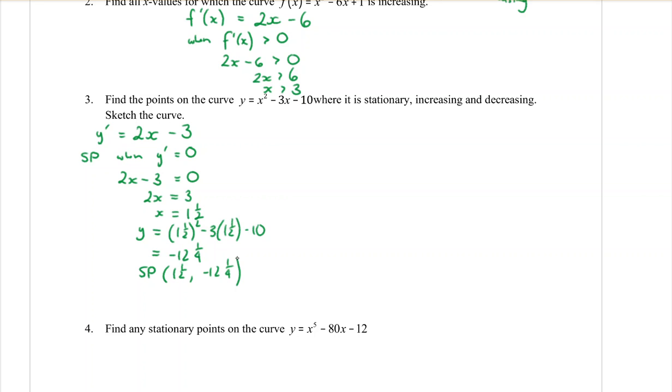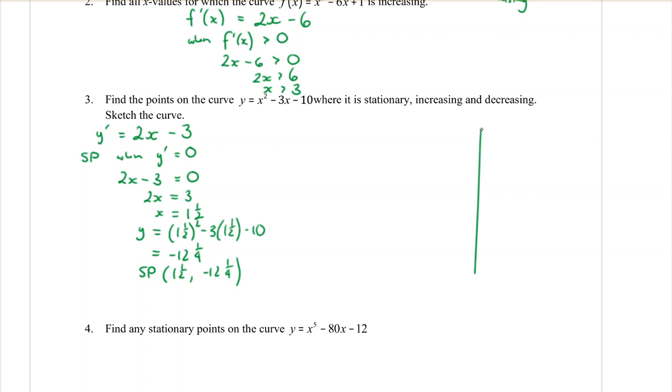Remember, we also want to find where the curve is increasing and decreasing. This curve, looking up here at the original equation, is a parabola. It is a positive x squared, which means it is a concave up parabola. So if this is my turning point, anything to the left of that 1.5 is going to be, careful, decreasing, because it's going to this.